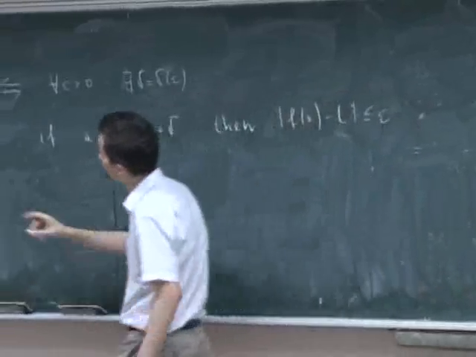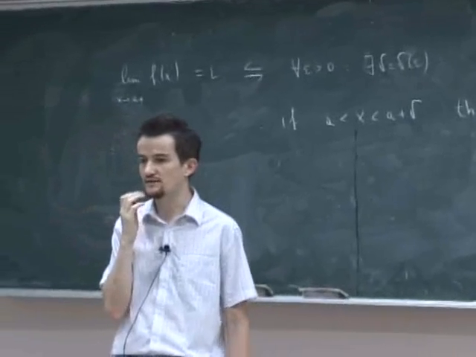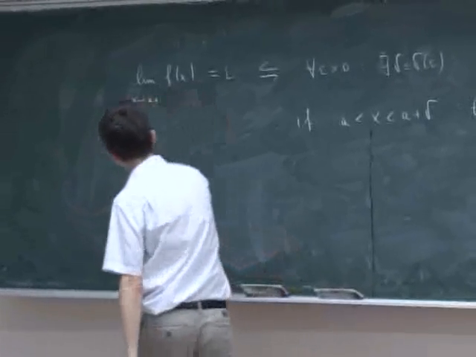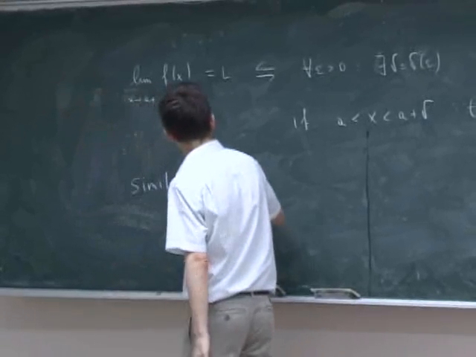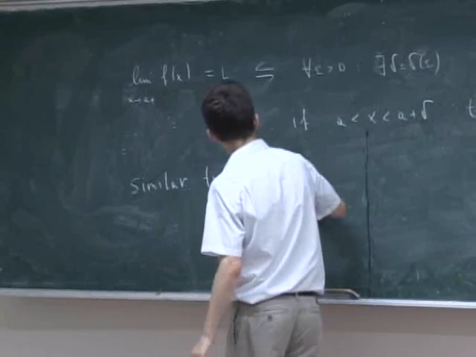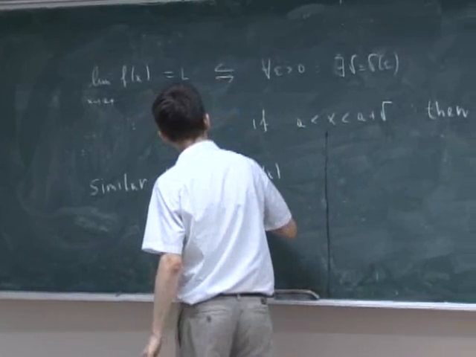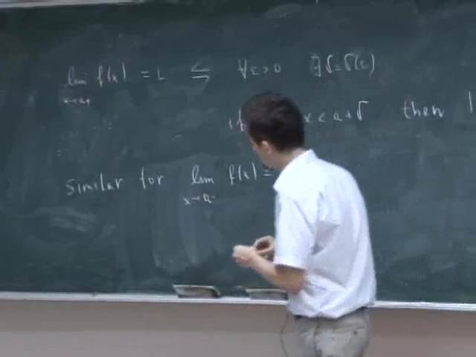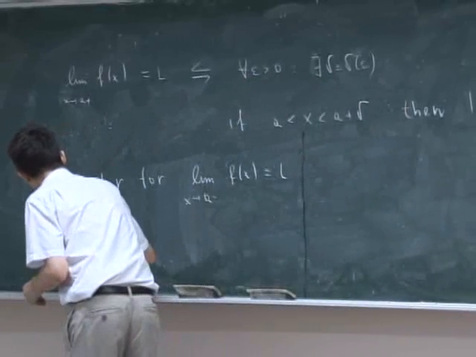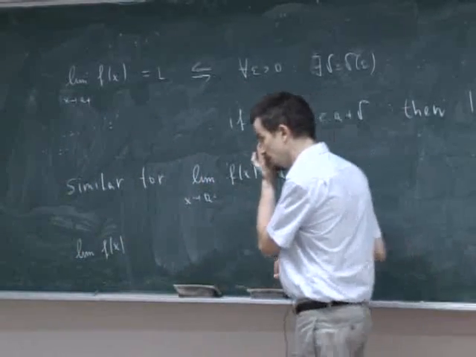Now, you can give a similar definition for the left-hand limit, the limit of f of x as x approaches A from the left, and also a slightly different definition for infinite limits.